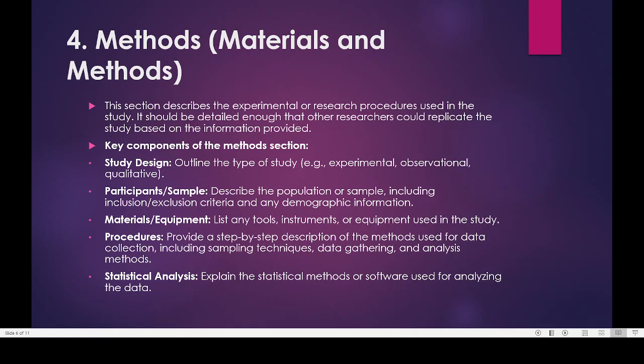Then participants. Describe the population or sample, including inclusion criteria, exclusion criteria, or any other demographic information. For example, in the case of bird diversity of Kumaragam, you are studying only during 3 months. You are not making an entire study. So, for example, January to March is your study period.